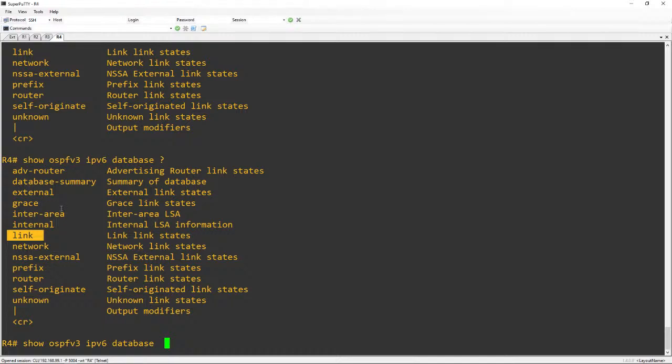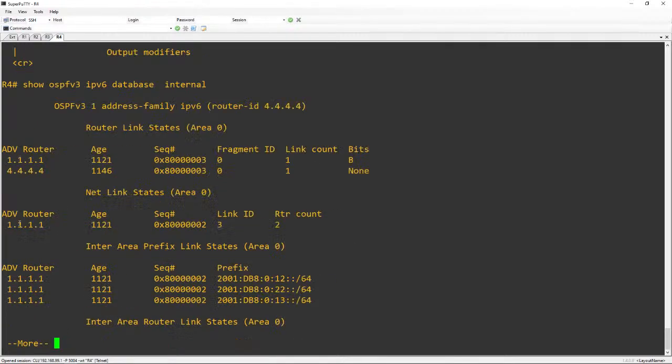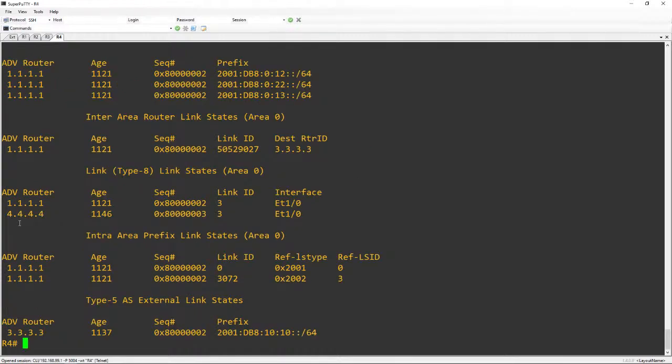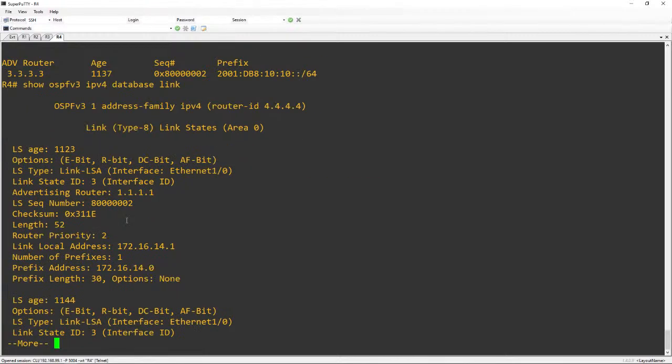And I believe it would be internal, if I'm not mistaken. Let me go back to that because I don't want to get away from what I was talking about previously. Let me cover this first, these type 8 LSAs.